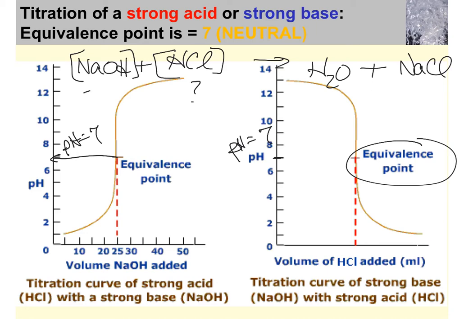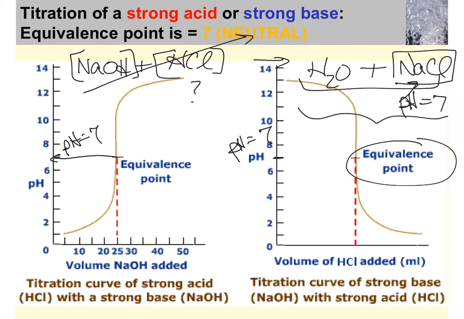At the equivalence point, all of the original acid that we're titrating is going to be gone, and all we're going to be left with is water and sodium chloride salt. And we have learned from the previous unit that sodium chloride is a salt that does not affect pH. And so, as we expected, at the equivalence point, the overall pH after titrating a strong acid or strong base is 7.